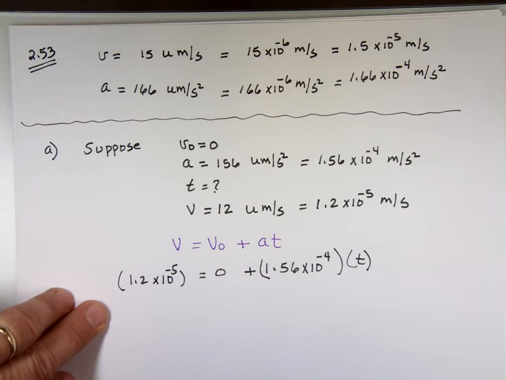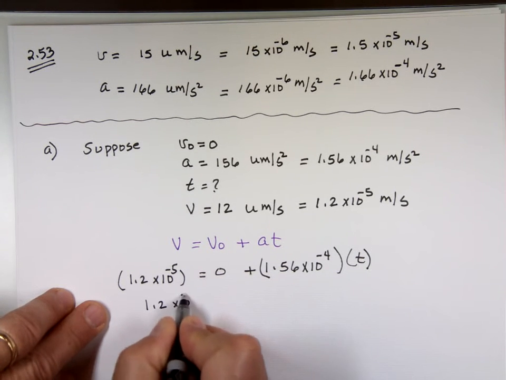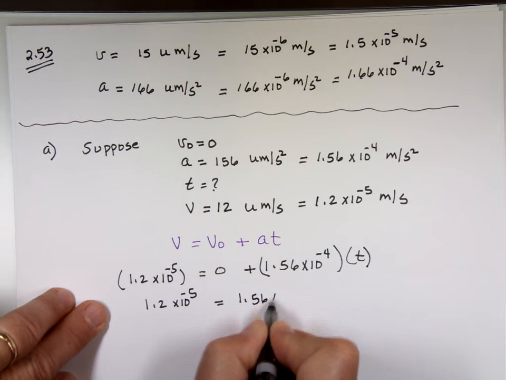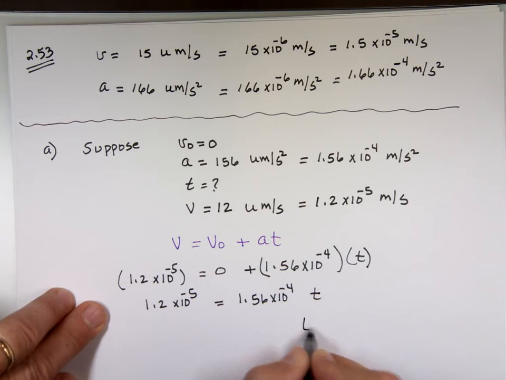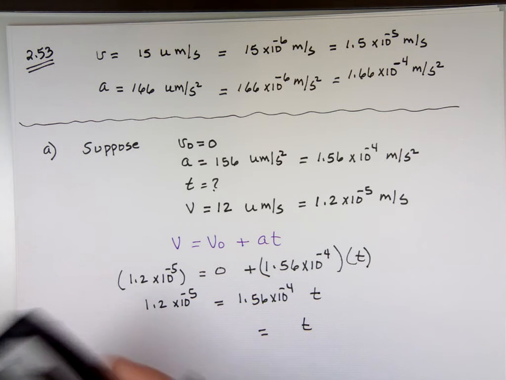So to solve for t, we can say 1.2 times 10 to the negative 5 equals 1.56 times 10 to the negative 4 t. We divide both sides by 1.56 times 10 to the minus 4.